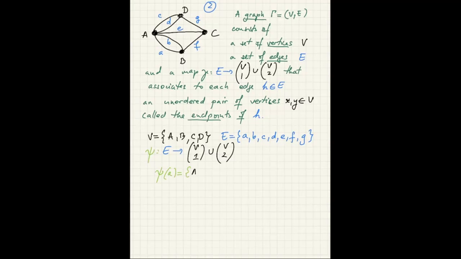And so psi of a would be {A, B} in our case. But it's also the same thing that psi of b also equals this two-element subset {A, B}. Okay, and so on. You can write them for all of them, but I think from the picture it's pretty clear what is happening.